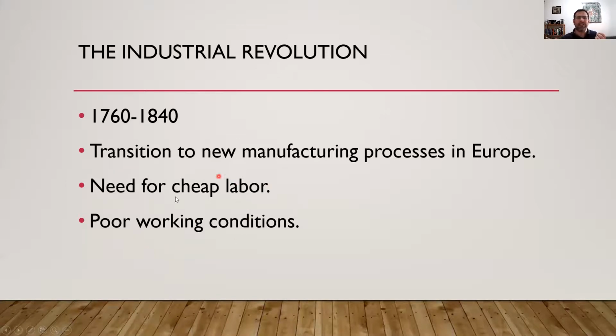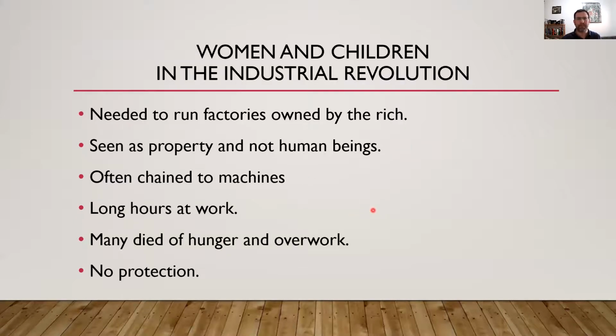In order to get cheap labor, they went after two populations that were very low in society, and that was children and women. Two groups who had absolutely no rights. So women and children in the Industrial Revolution were needed to run the factories that were owned by the rich.